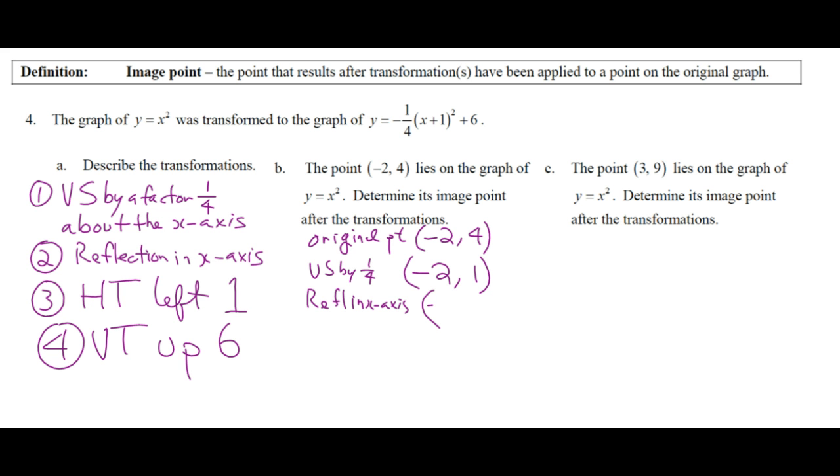So it's -2, -1. Next we're going to go HT left 1. So where do we end up? -3, -1. And then we're going to go vertical translation up 6. So finally we are at -3, 5.